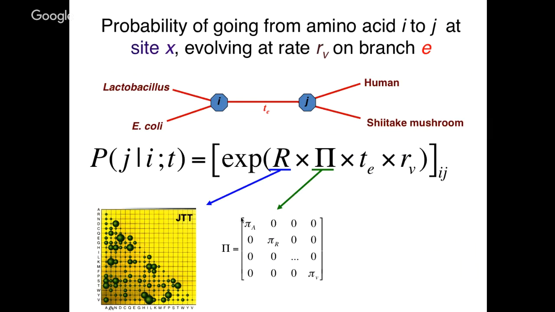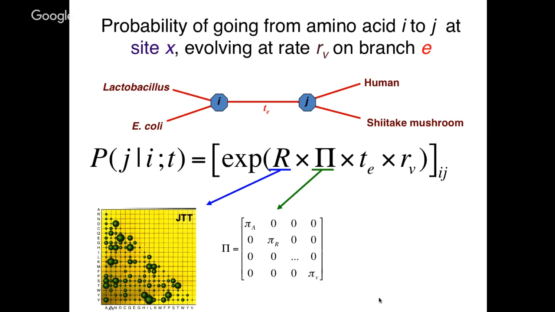So, given enough evolutionary time, you ought to see amino acids occurring with frequencies shown in this diagonal matrix. If the branch lengths get long enough, or you look at an alignment that's evolving at a certain rate, if you look at enough taxa, you should ultimately get a stationary frequency distribution of amino acids at that site that are basically this diagonal matrix.